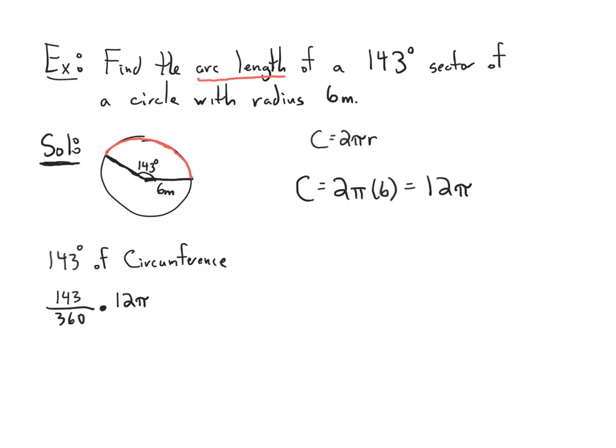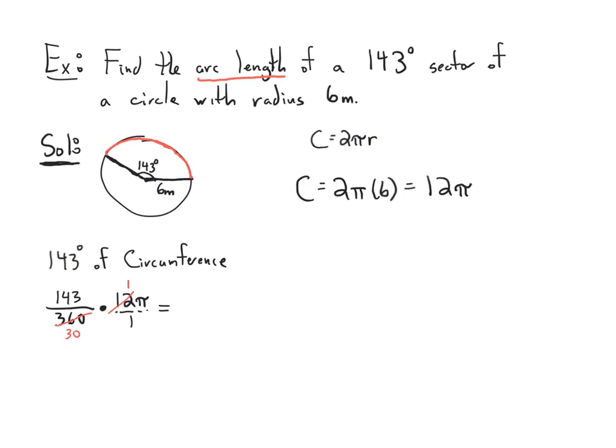We just need to simplify this a little bit. I see a common factor. We can think of this as 12 pi over 1 if you like. I see a common factor of 12 and 360, so I might as well divide that out. 12 divided by 12 is 1. 360 divided by 12 is 30.